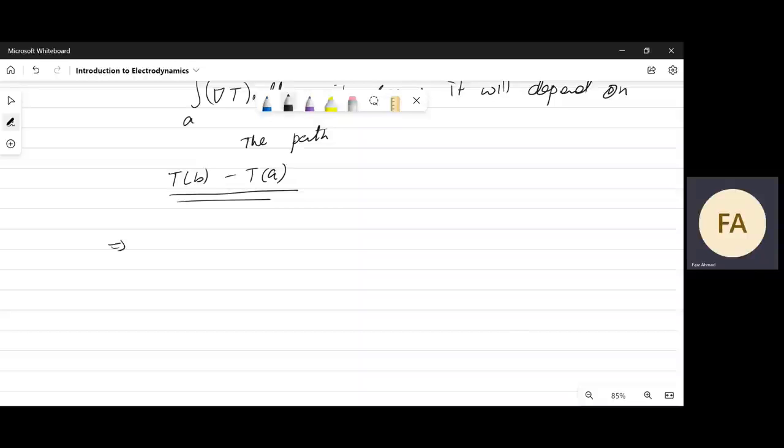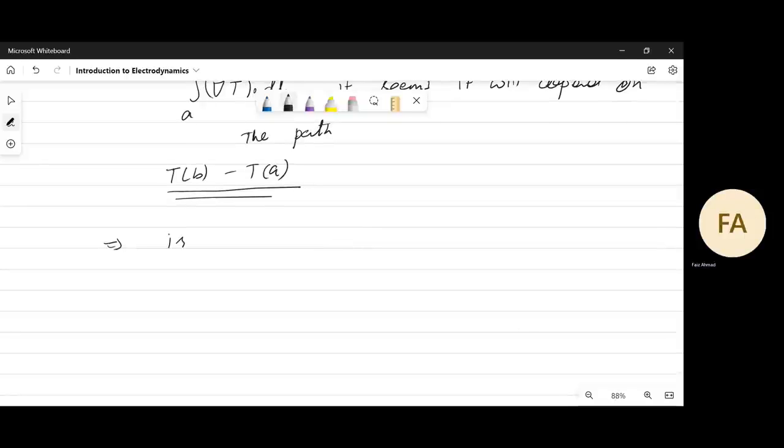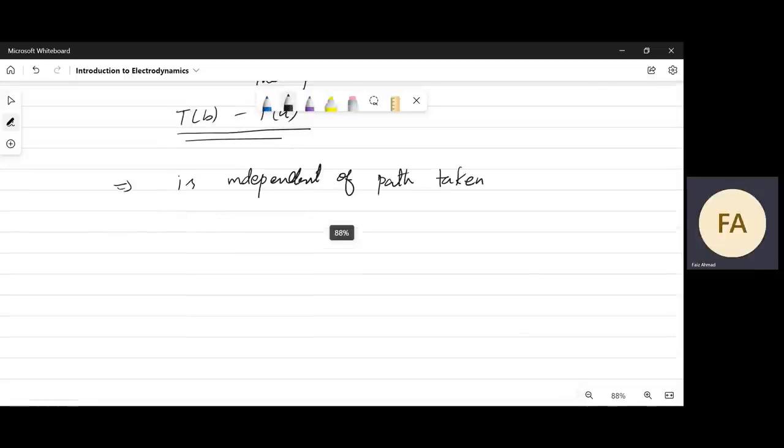So this special function, the line integral of the gradient of any function, is independent of the path taken. It only depends upon the initial and final value, and this is a special property of the gradient.